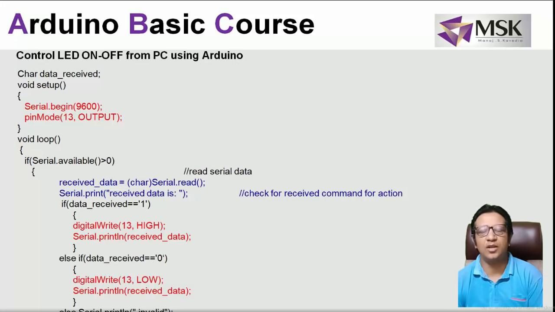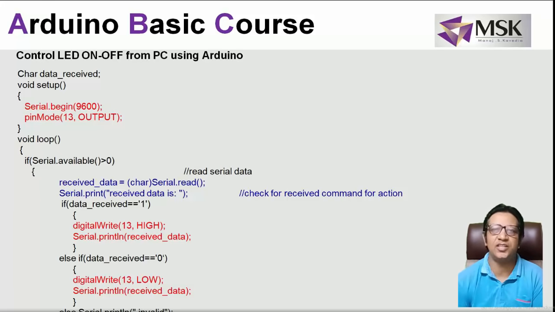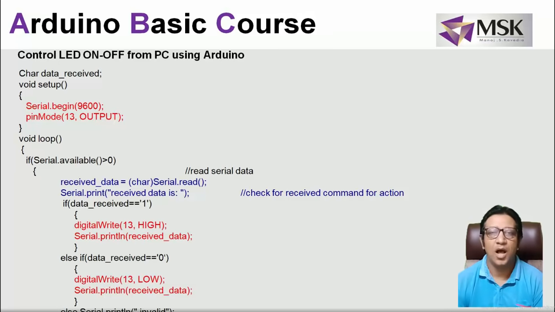Fine, let's see what is happening in the loop function. In the loop function, the very first thing I'm checking is Serial.available, that is, whether my data is available or not. If data is available, I'll read that data with Serial.read. Since Serial.read returns the data as an integer, I'm converting it into a character and storing it in the data received variable. Now if the data received is 1, how to turn on the LED?